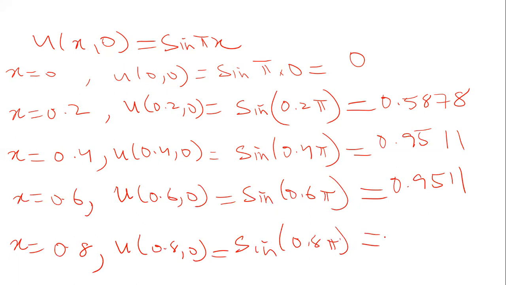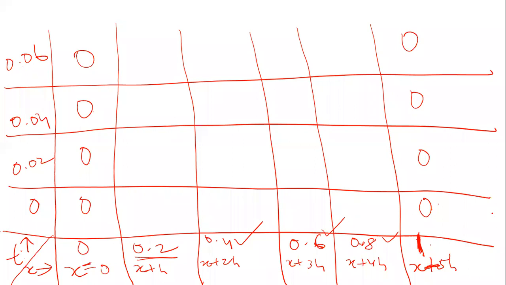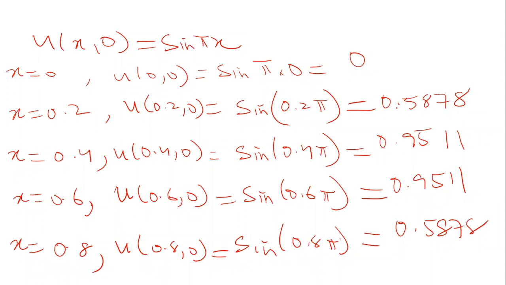If you calculate this, it is 0.5878. So you can just put all these values. For x equal to 0, it is 0. For x equal to 0.2, the functional value is 0.5878.